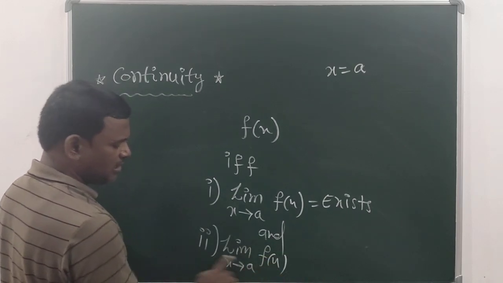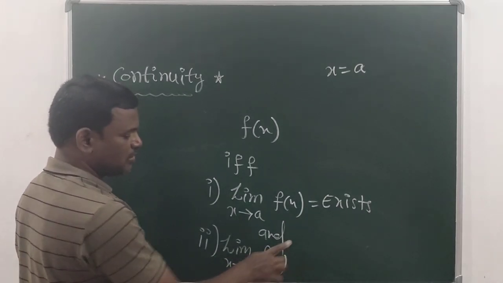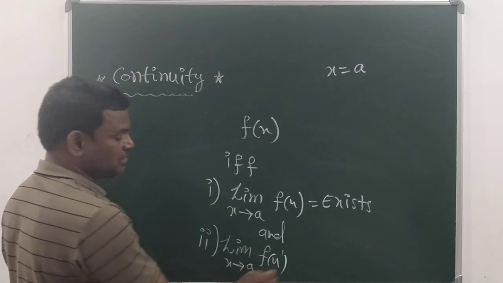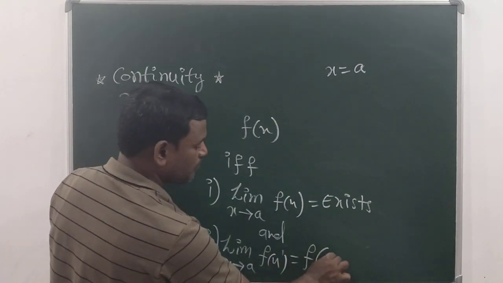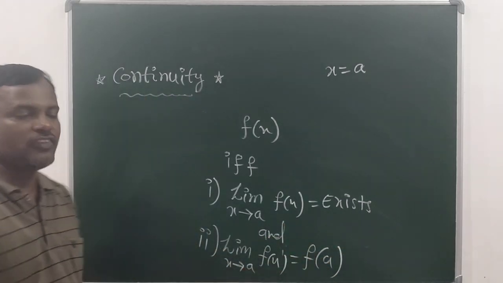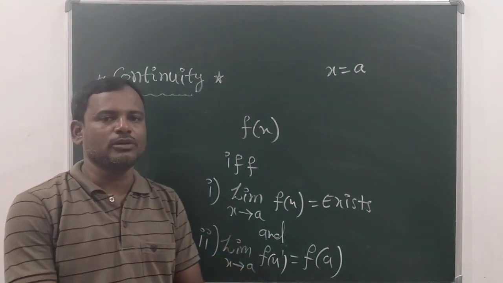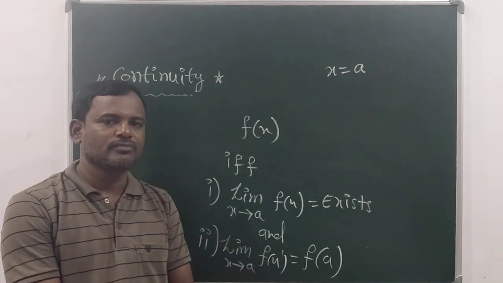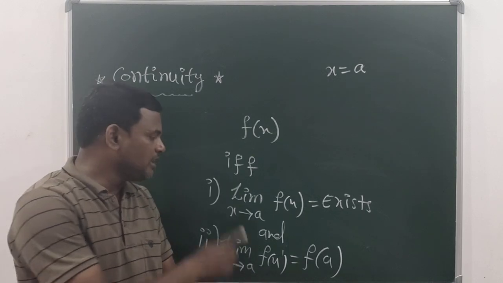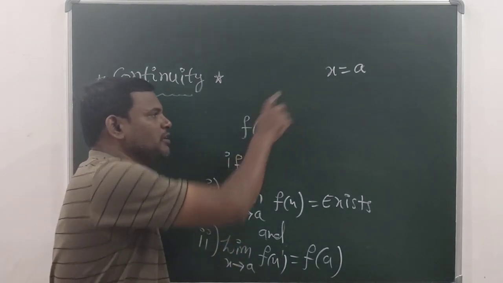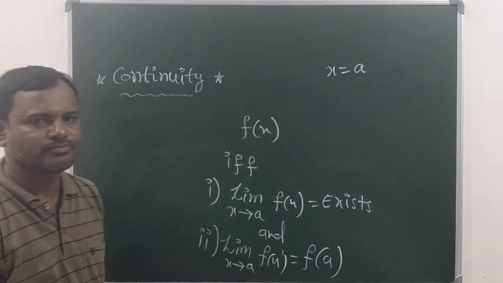This is the limit value of this function. That should be equal to the value of the function, or functional value, at x equal to a. Then you can say that this function is continuous at x equal to a.